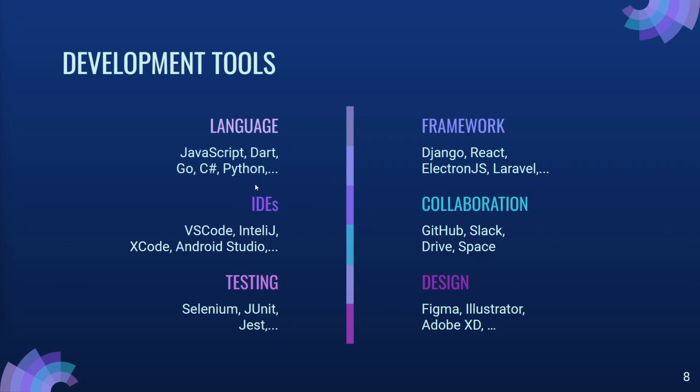Also, IDEs are a very important thing to consider, like IntelliJ IDEA and Android Studio. If you are a team working, you will need a collaboration tool like GitHub, Slack, testing options like Jest, JUnit, design options like Figma, Adobe XD, and other tools.